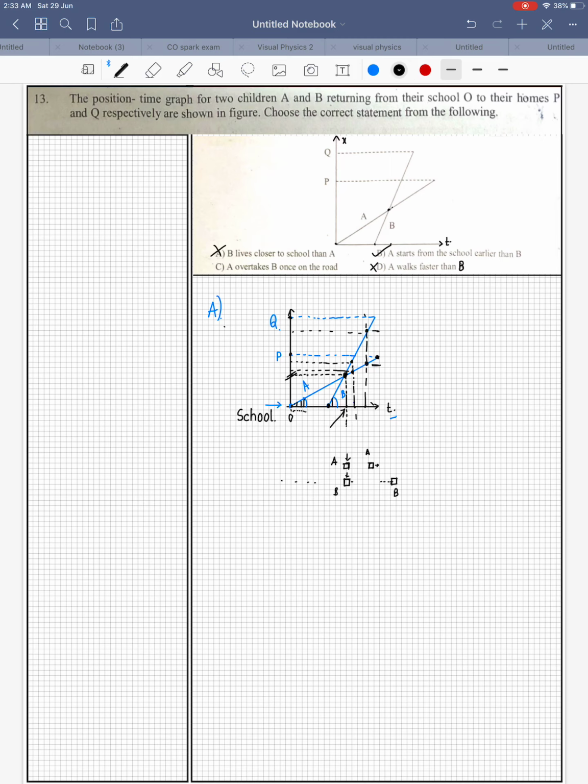So after that particular point, it's actually B that overtakes, not A. So option C will also be wrong. So I think the answer is only B, assuming that in D, A walks faster than B. If we assume B walks faster than A, maybe B and D are both the correct options.